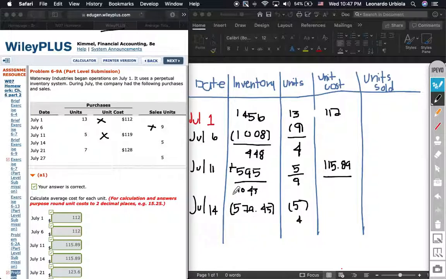And then we need to subtract 1043 minus 579.45, and the total amount will be 463.55.